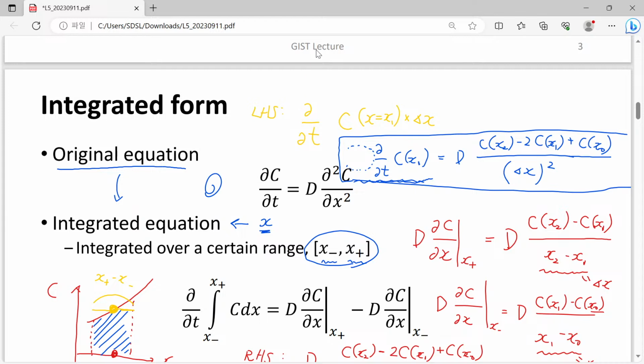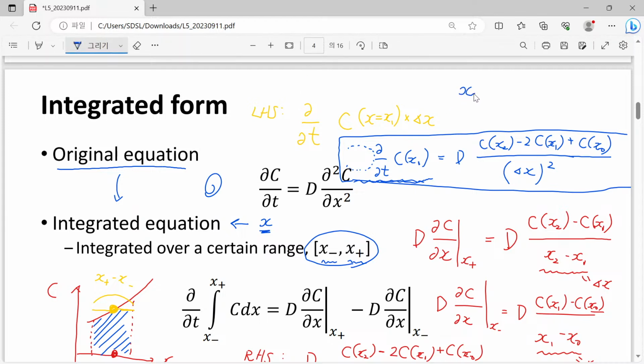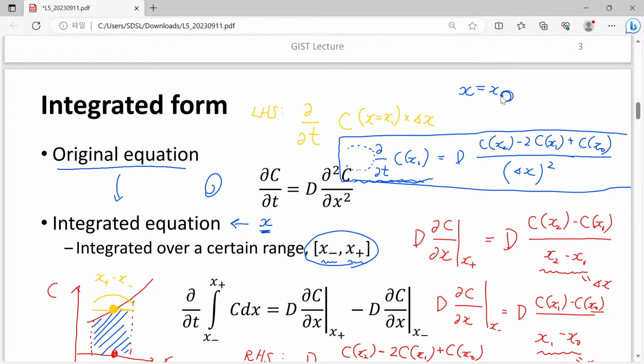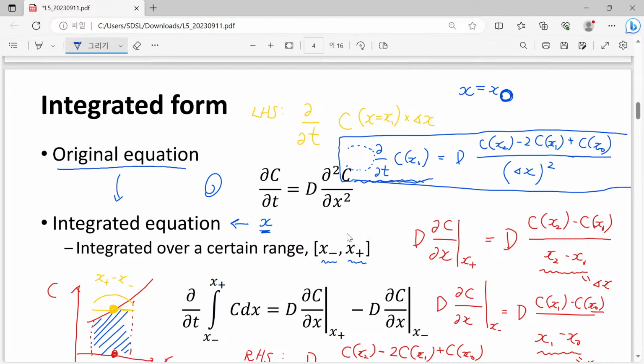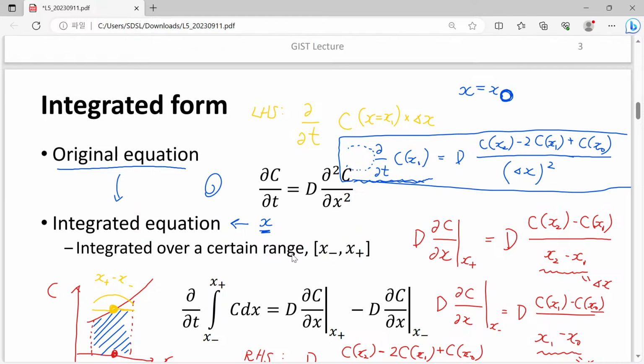So I mean that instead of x equal to x1, now let's consider x equal to x0. Then what will happen? Even in this case, we can integrate our equation. In this specific case, what can be the integration domain?